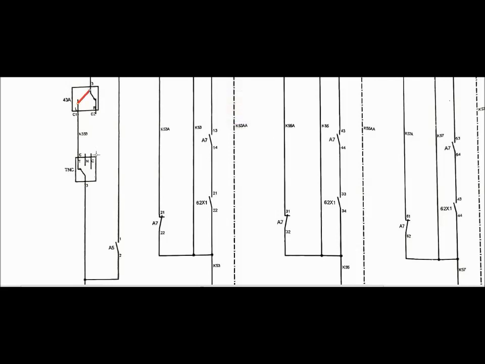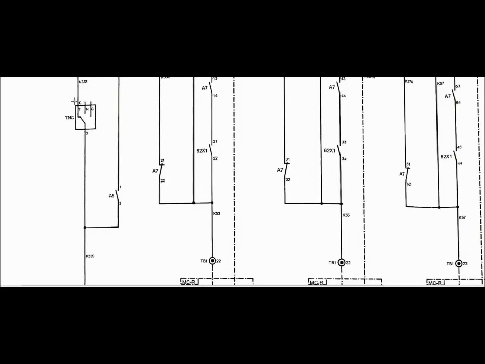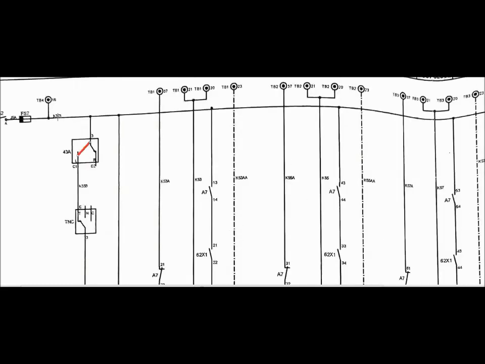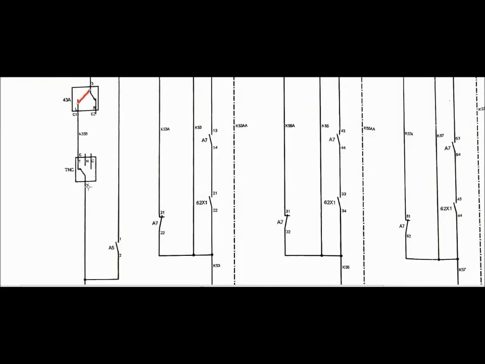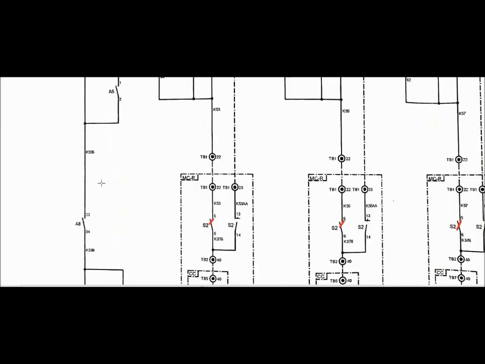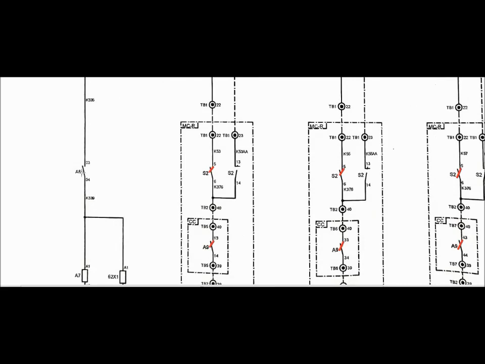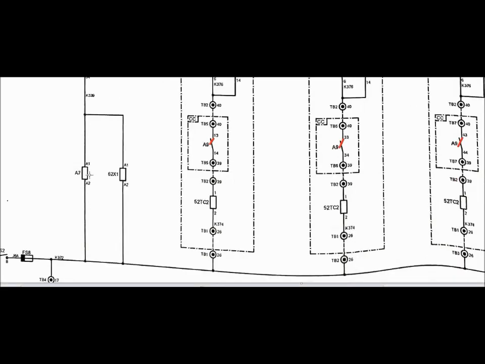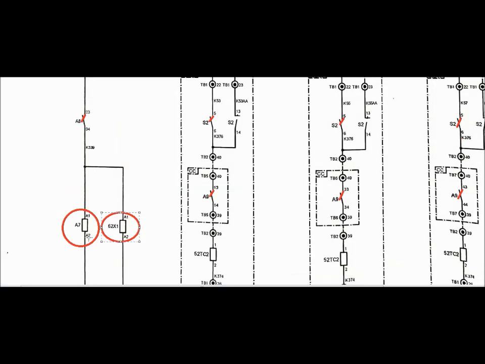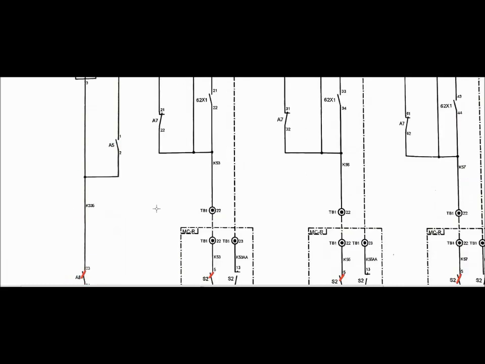Then the DC will come via K371 to the local remote selector switch via the trip neutral close contact to the A7, which is now in NC position. Now this A7 and 62X1 relay will be energized. As this relay is energized, the auxiliary contacts of these two relays will change position.